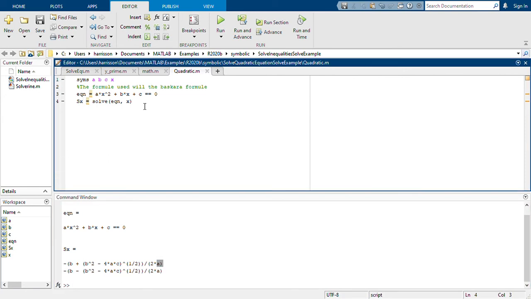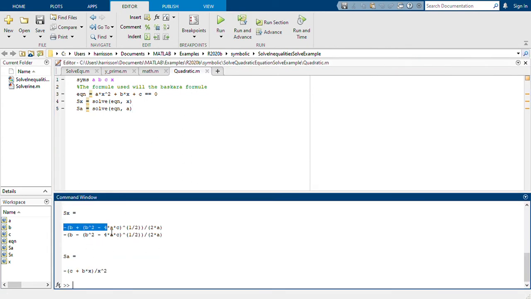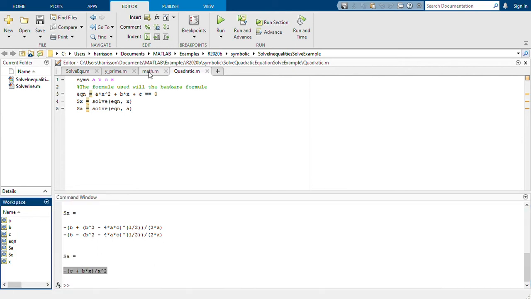If I wanted the solution of the equation for the variable a, I just need to write this code here, equation and a, and run the program to see what is going on. So I have sx and sa.